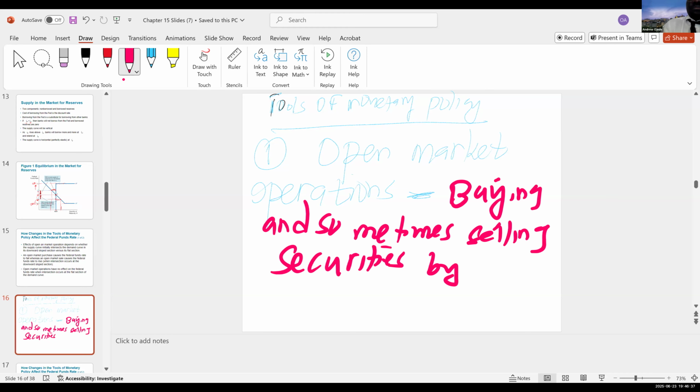So how does the Fed's purchase of bonds that we have just demonstrated, and decreasing the federal funds rate, affect your interest rate, affect everyday American interest rate?